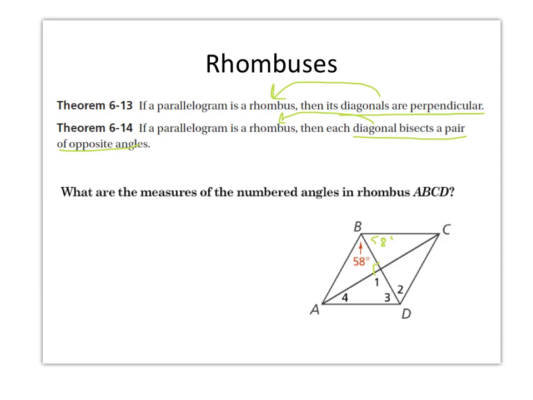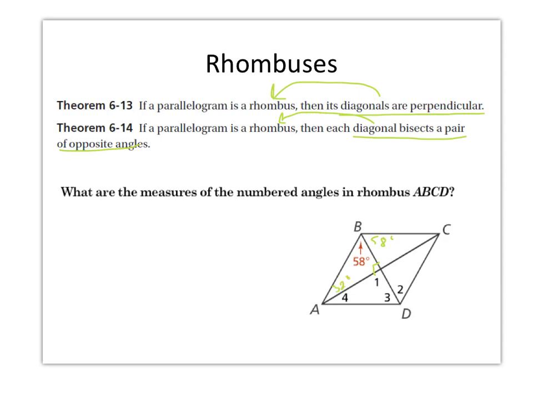Well, if the middle angle is 90, this angle here, and let me actually do this so we can see what I'm talking about. So this angle here is 90, this angle here is 58. I can find this angle down here because all of those angles have to add up to 180 degrees inside a triangle. So I'll do my 180 minus my 90 minus my 58, and that gets me an angle measure of 32 degrees down there.